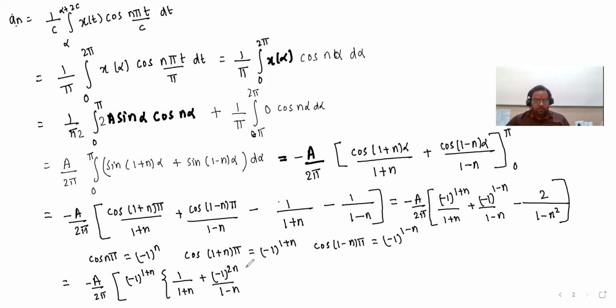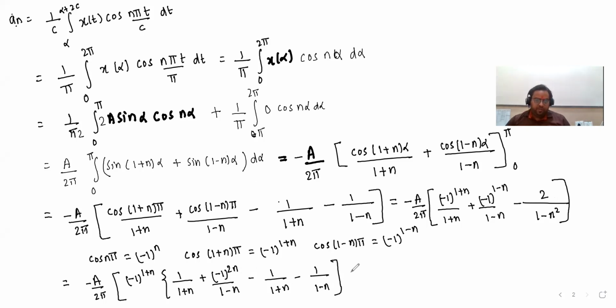So we have this minus 1 to the power n here, and then we have two terms here. The first term is 1 by 1 plus n and minus 1 by 1 minus n. We could have written it as minus 2 by 1 minus n square.